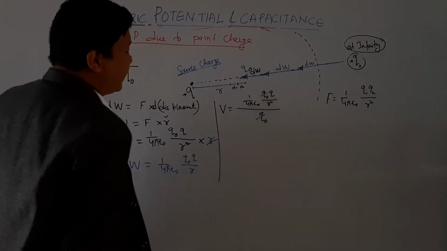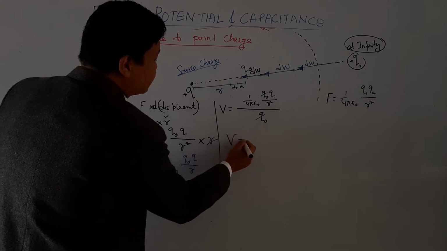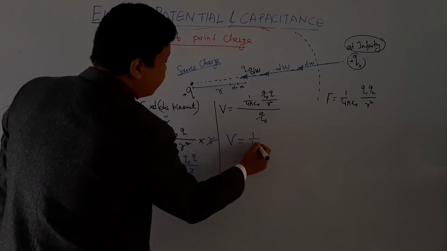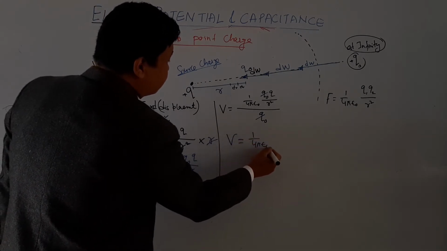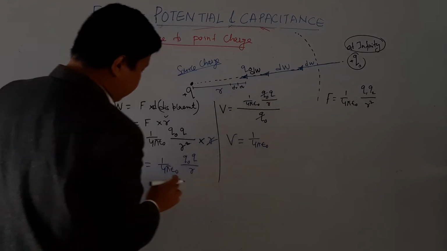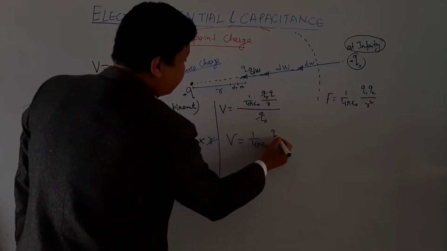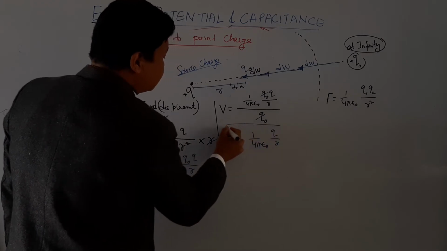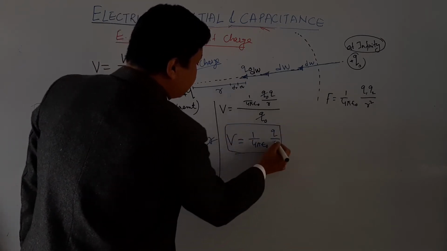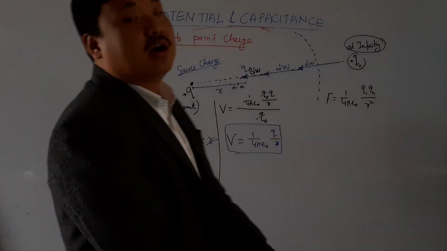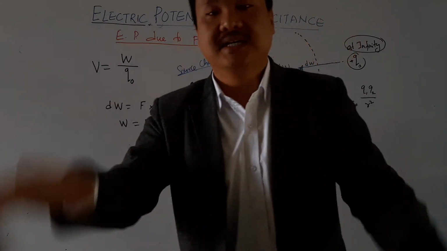I will get V is equal to 1 by 4 pi epsilon naught, not R square, only R, Q by R. So this is the electric potential due to a point charge. Very simple.